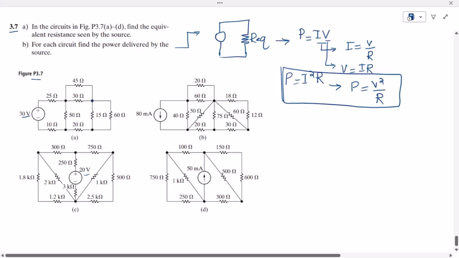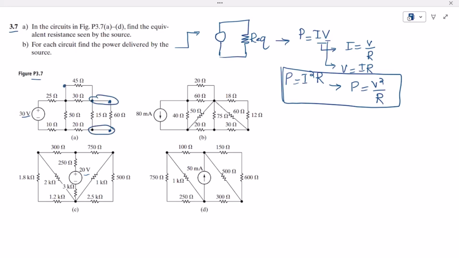In this circuit, in part A, you can see that both of these are shorted, so these are in parallel with each other. Both of these points are also shorted, so you will see the equivalent of them. Here 45 is in parallel with 30, and this 15 is in parallel with 60.